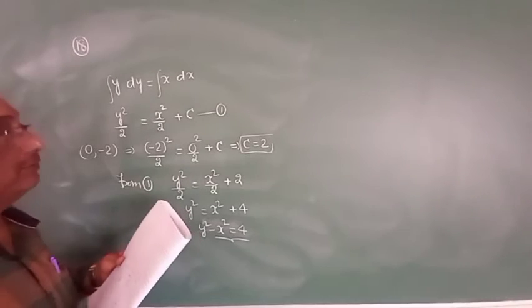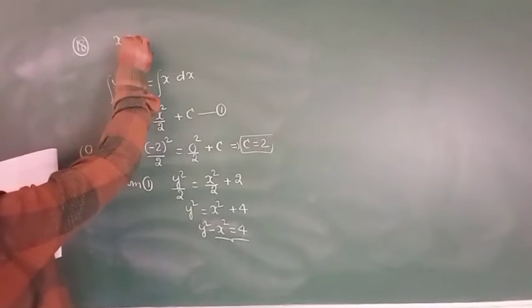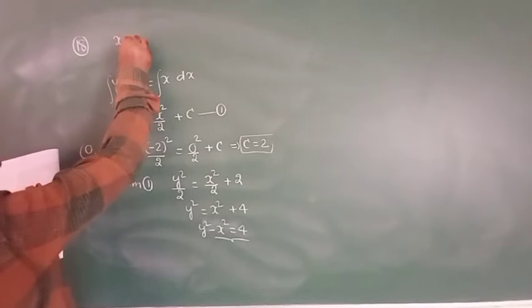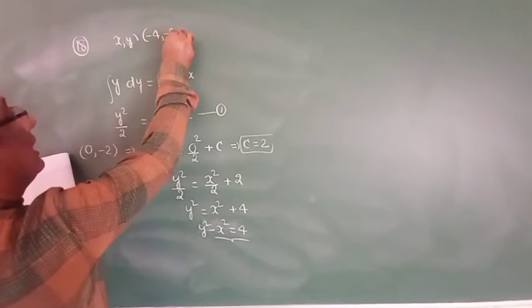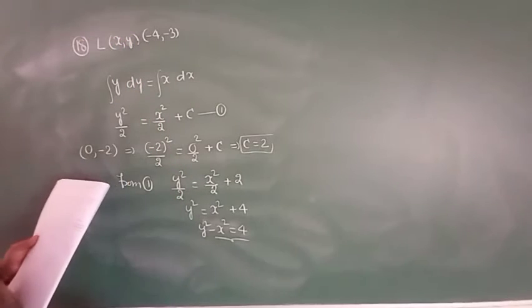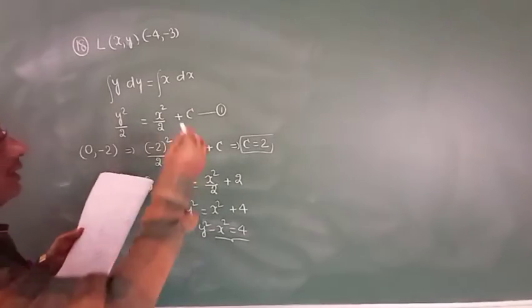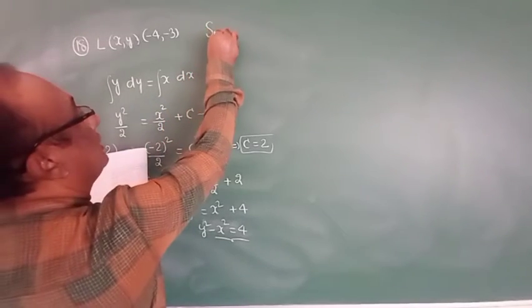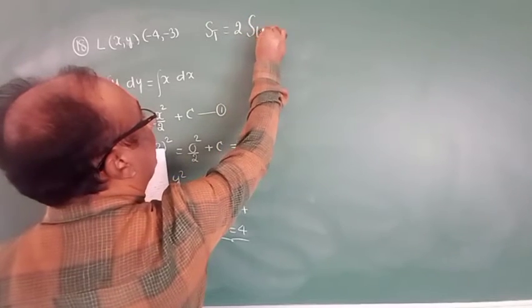Finally I will read. One point is given, (x, y). One more point is given, that is (minus 4, minus 3). These are the line points. Next, what is given? The slope of the tangent is equal to twice the slope of the line.